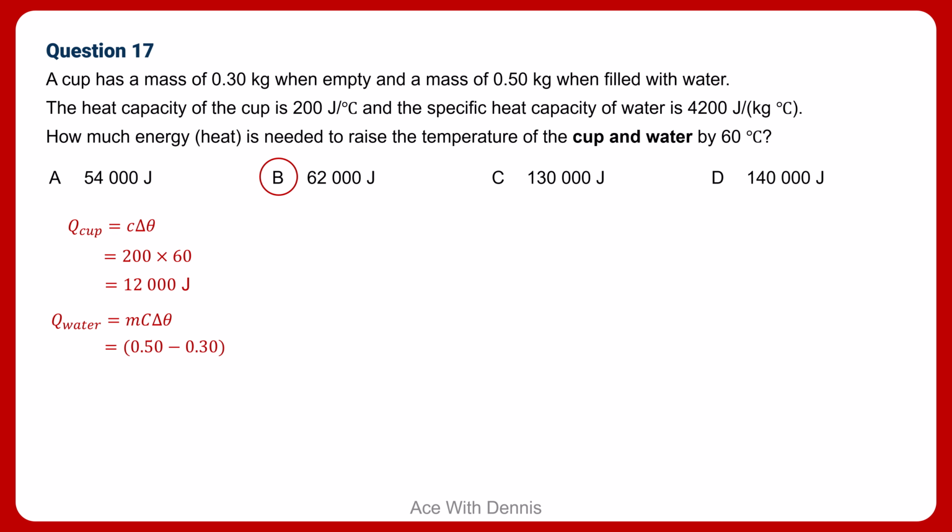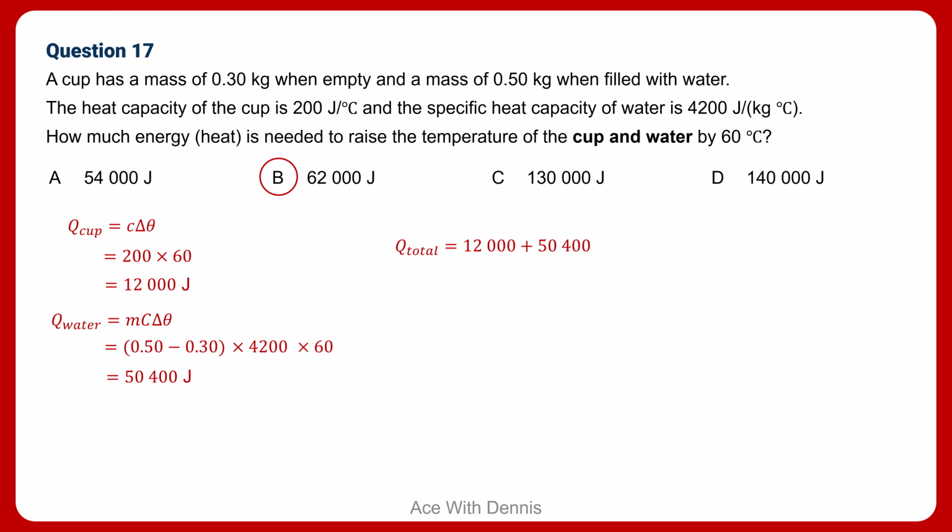We calculate the mass of the water as the mass of the cup with water, 0.50, minus the mass of the cup when it is empty. Then multiply with the specific heat capacity of the water, 4,200 joules per kg degree Celsius, and the change of temperature, 60. Hence, we get 50,400 joules.